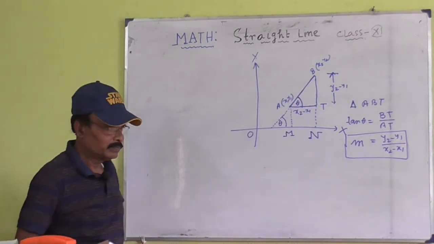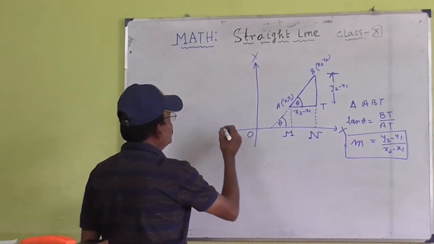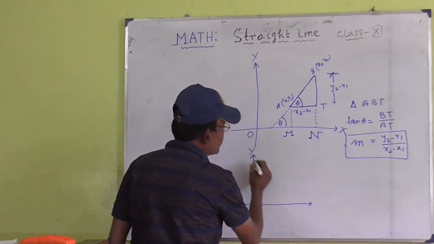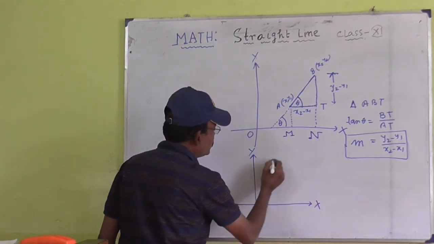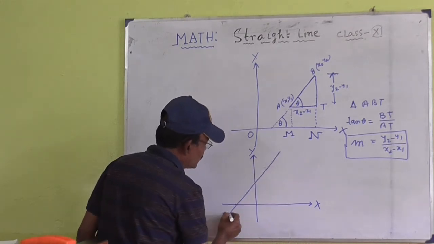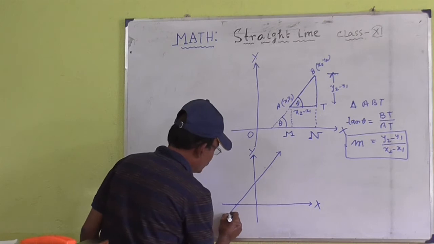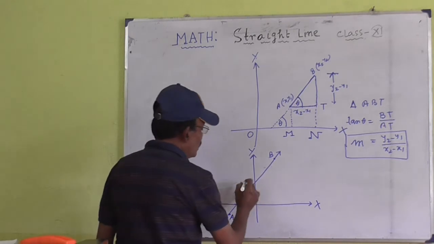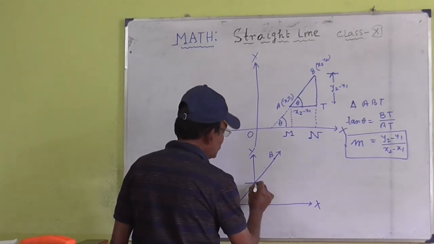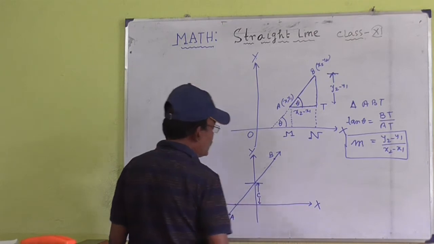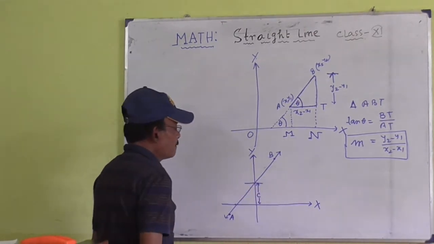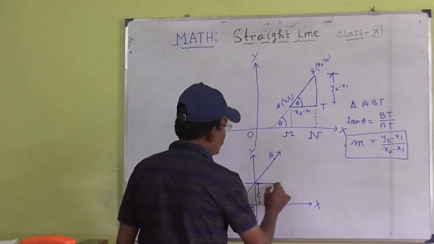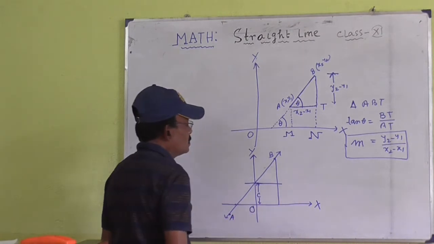Next, the slope intercept form. What is the slope intercept form? This is the x axis and this is the y axis. Let us take this line AB, here A and this is B, which cuts the y axis at length c from the origin, let us take C, and produce this.